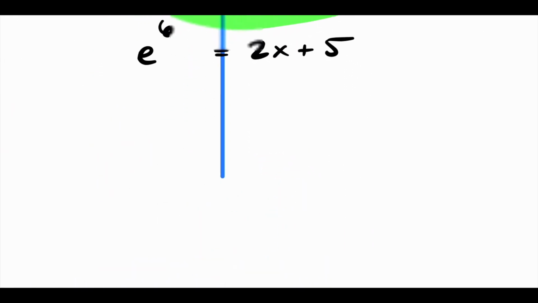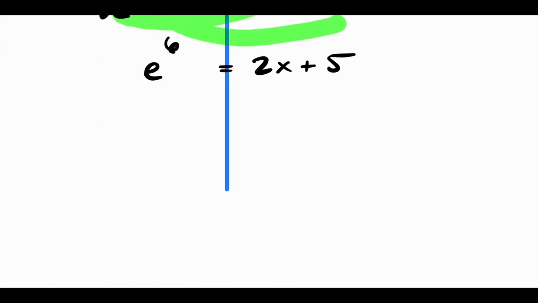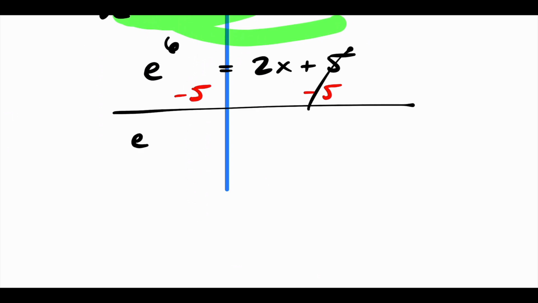So what am I going to do? I'm just going to leave it as e to the 6th. Just leave it like that. Okay? Solve for x. Subtract 5 from both sides. Divide the whole thing by 2.